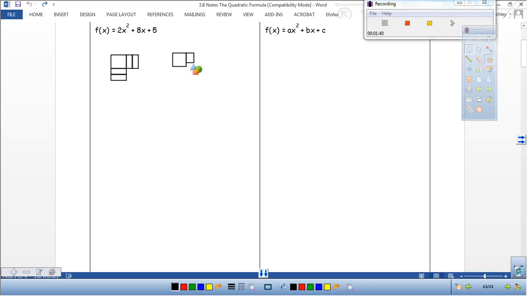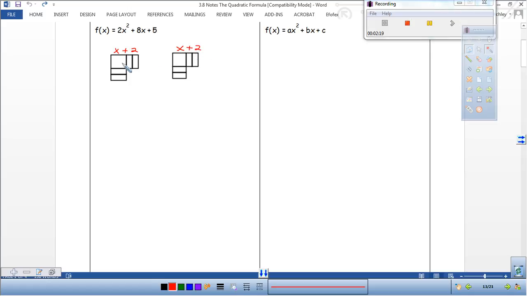And I'm going to do the same thing here. Now I got that there's going to be 2 by taking this value of A and dividing this by the value of A. And then taking that 4, which is now the B, and dividing it by 2, so I have 2 on this side and 2 on this side to get x plus 2 as the length of my sides.